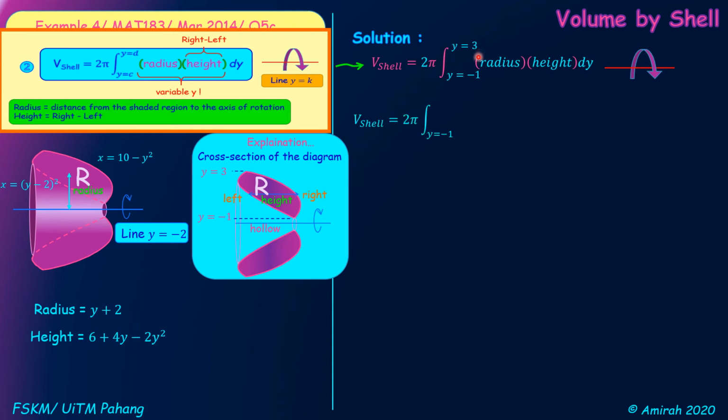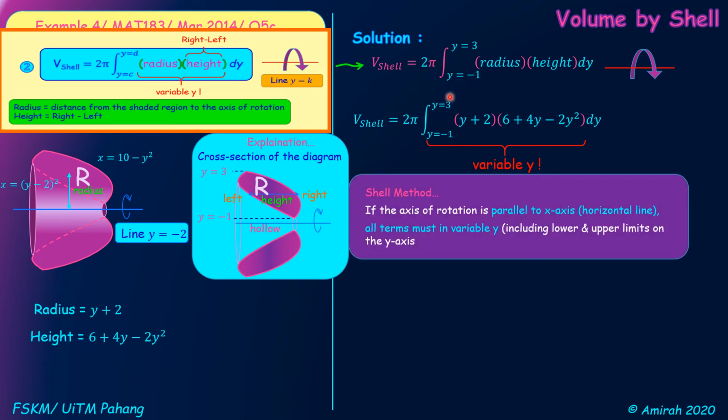After that, we replace the radius with y plus 2, and the height with 6 plus 4y minus 2y squared. From here, we can see that everything is in terms of variable y, including the lower limit and upper limit.